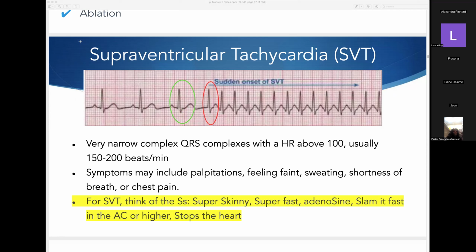Okay, so what is the difference between the normal heartbeat in green, and the sudden onset of SVT, which I circled in red? What is the difference in appearance?